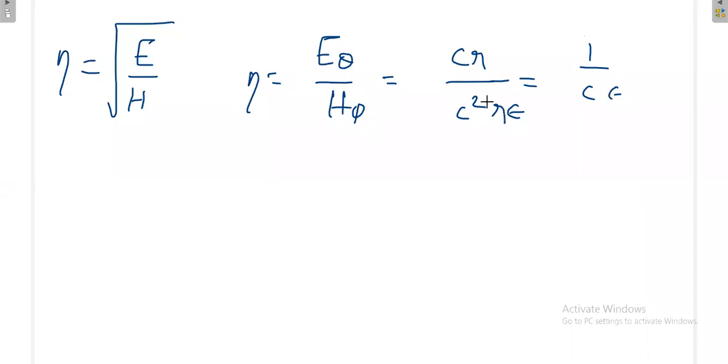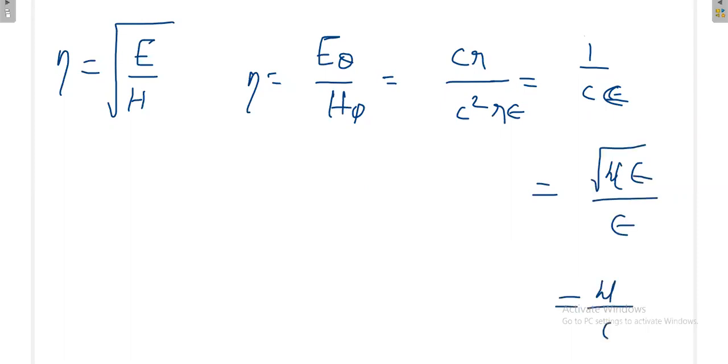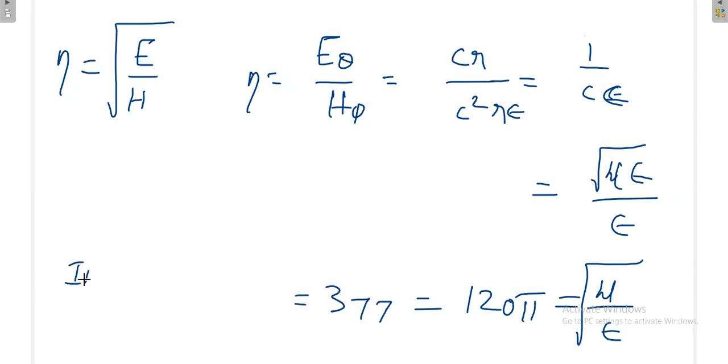R cancels, C cancels, 1 by C epsilon. You know C can be replaced by square root of mu epsilon. Then epsilon is here. Then this is finally square root of mu by epsilon. And you know what mu by epsilon is? That is 120 pi, or 377 ohm. And again, you know that this is the intrinsic impedance of free space.